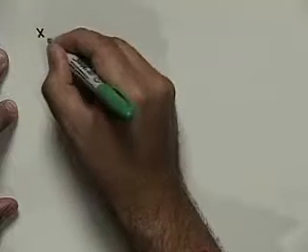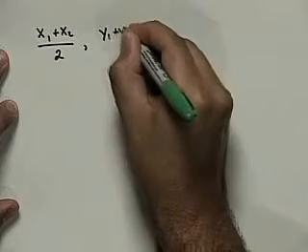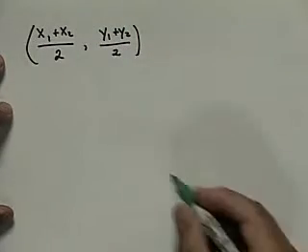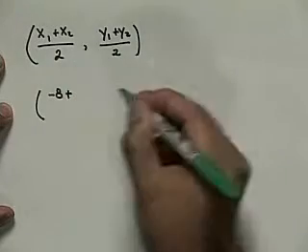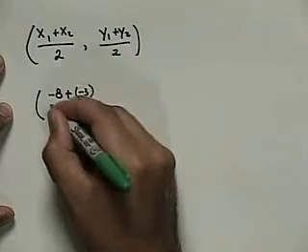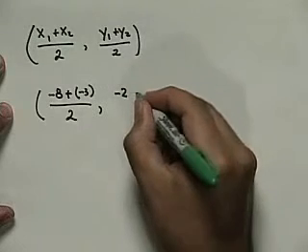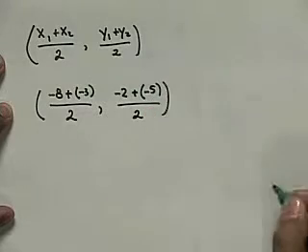Along with finding the distance between these 2 points, we were also asked to find the midpoint. Let's take a look at the midpoint formula. To find the midpoint between these 2 points, remember, the midpoint is given by (x1 plus x2) divided by 2, and then (y1 plus y2) divided by 2. So using this formula with the points that we were given, x1 is -8, plus x2, which is -3, all of that divided by 2, and then y1 is -2, plus y2, which is -5, all divided by 2.